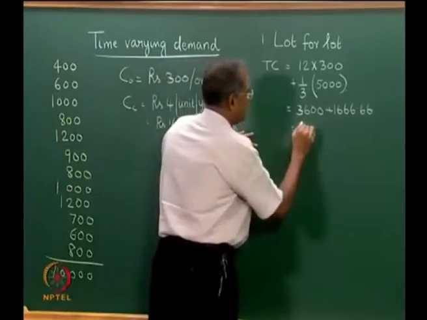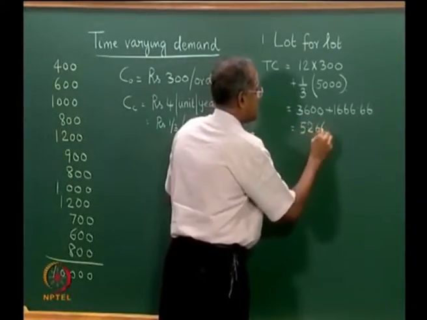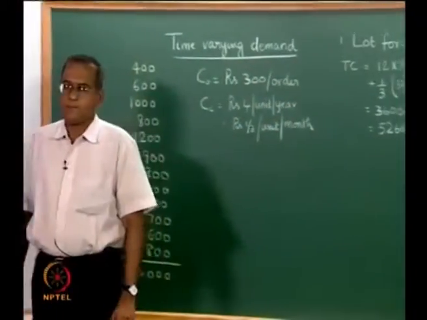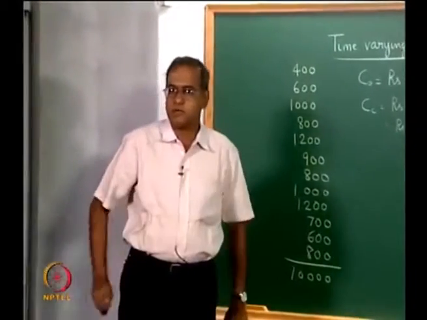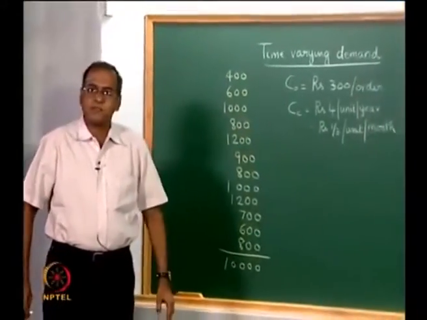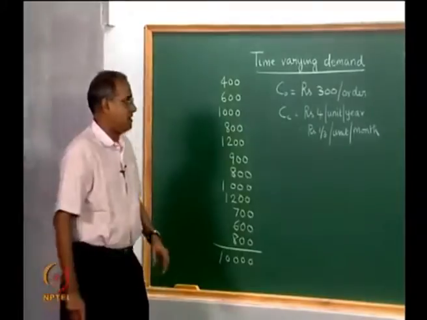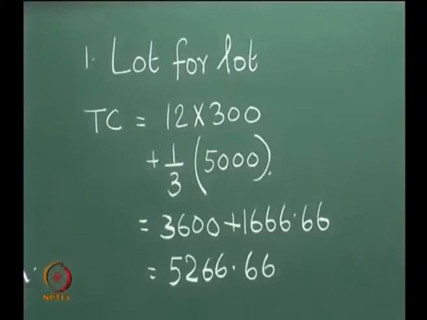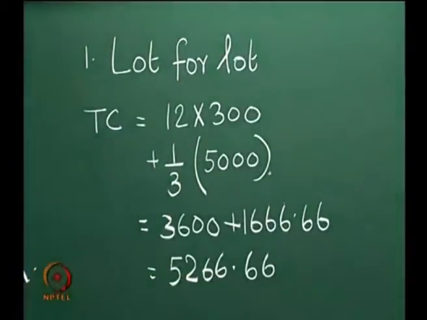This would give us 5,266.66. We also saw in the last lecture that the optimal solution to this did not have an order in each of these months. It had 7 orders in the 12 periods, and the optimum value or the best value was 5,000, and this heuristic is giving us a value of 5266.